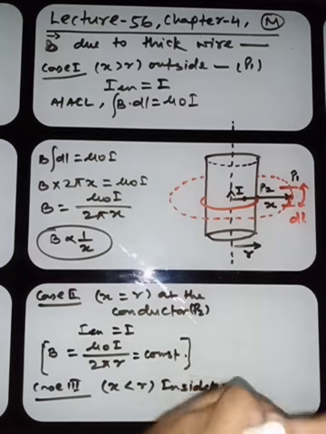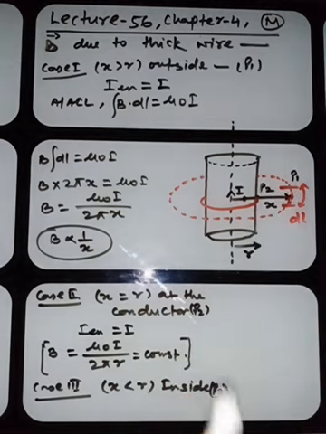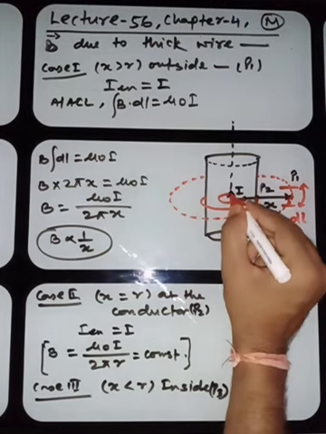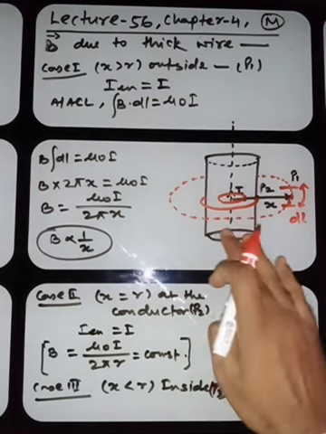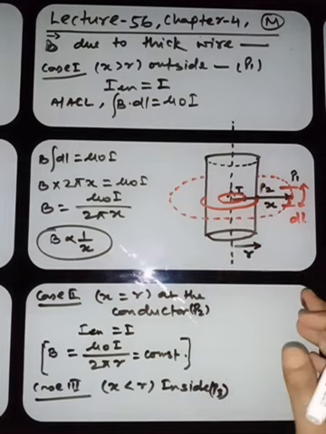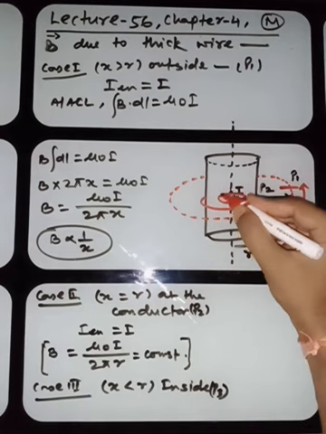So you will form here an Amperian loop. You will find this much is the Amperian loop, my dear student. Now you know that uniformly the current is flowing through this conductor, and this Amperian loop encloses only this much area.